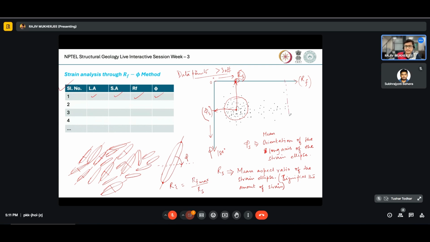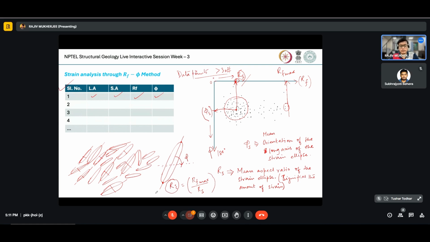This is Rf max and this is the value of Rs. So we simply divide the value of Rf max by Rs and we get the mean initial ellipticity of the deformed markers.